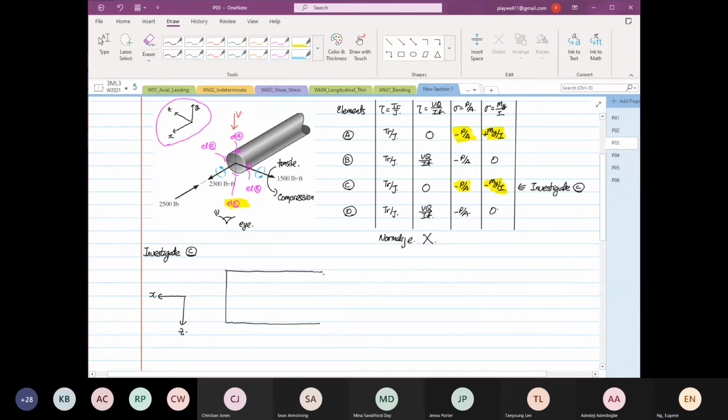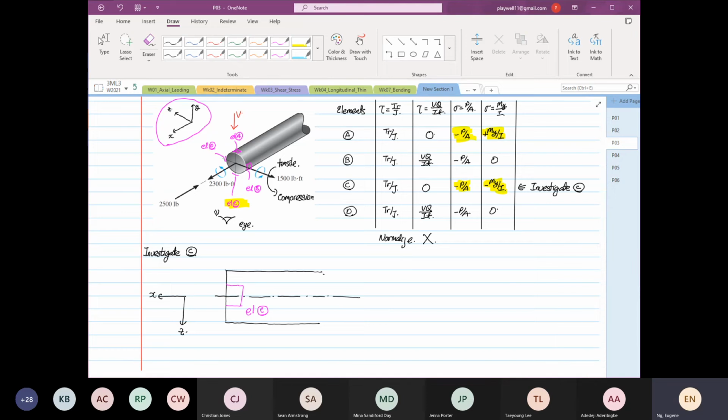And this is the axis, and this is the element. I'm drawing the element big deliberately. So this is my element C.